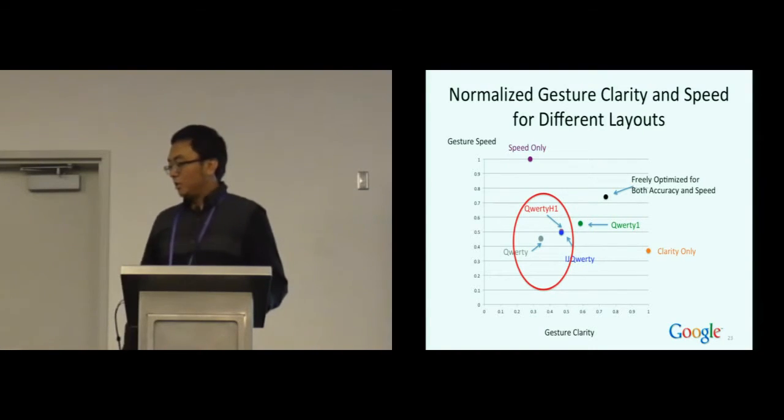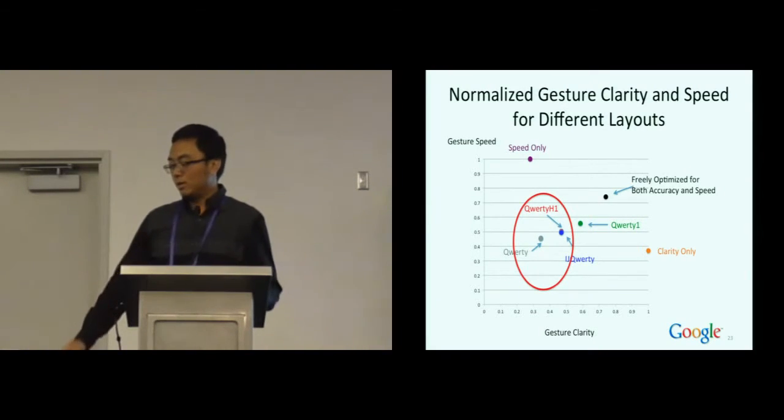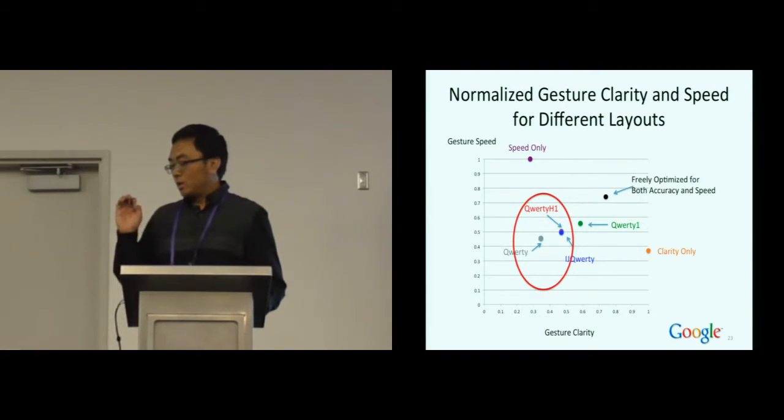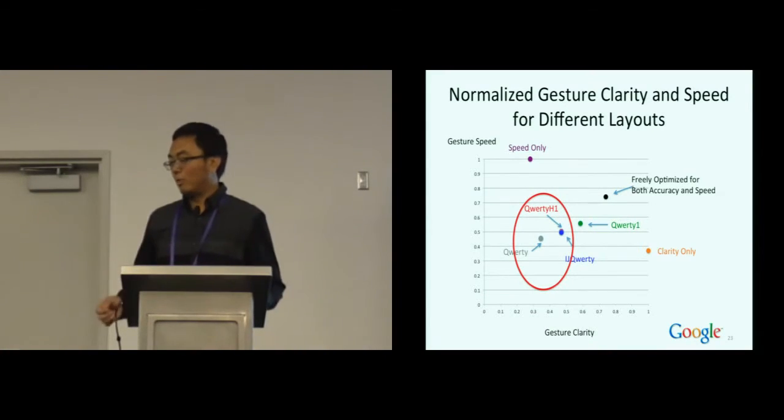Interestingly, you can see that the Qwerty H1 and the IJQwerty have very similar performance, and both are better than Qwerty, especially in gesture clarity. So it shows that by swapping only two keys, I and J, you can get the clarity metrics improved by a lot. And we need to look at some concrete examples to get some initial feeling of why it happens.